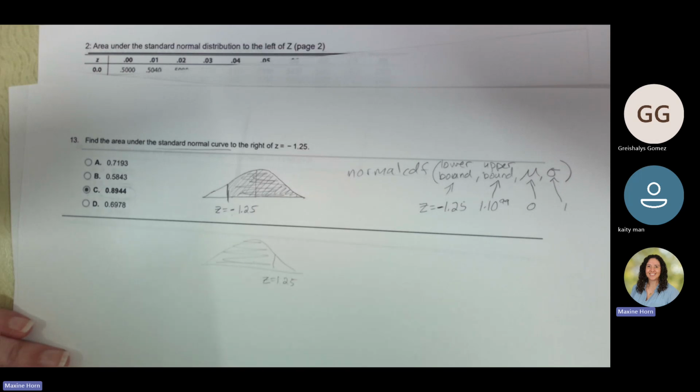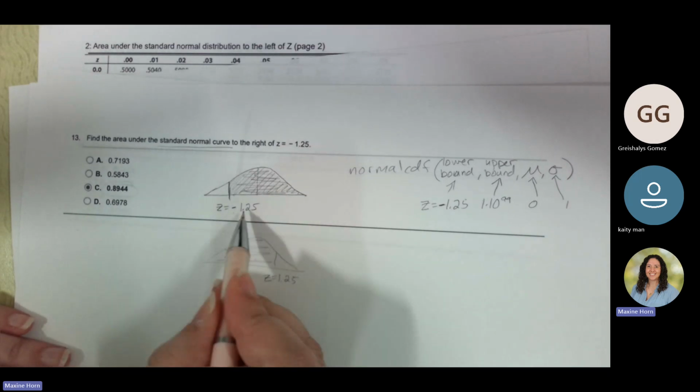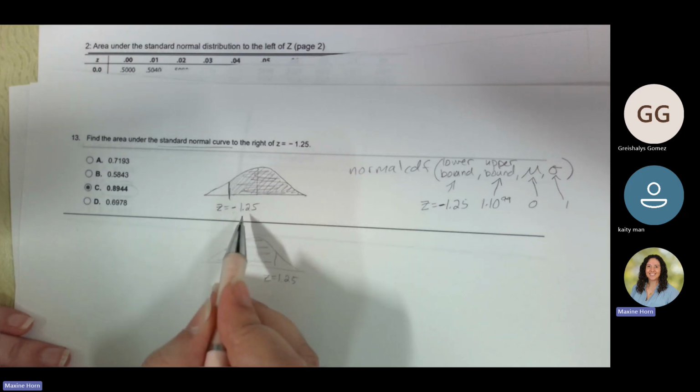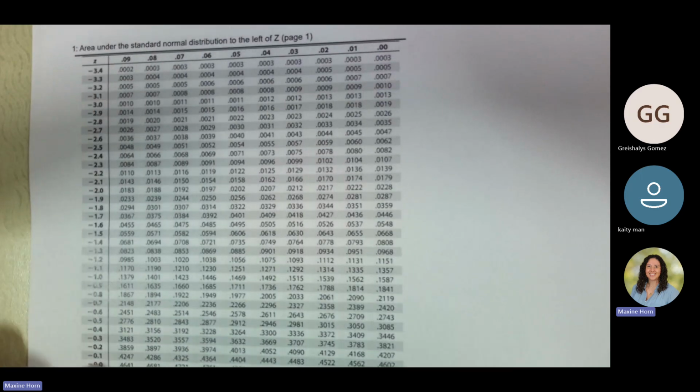Okay, so that's one way to use the table. Another way is to start by seeing what the table tells me about negative 1.25. So we go to the chart that has the negative z-scores, to negative 1.2 and then 0.5, so that we get negative 1.25.